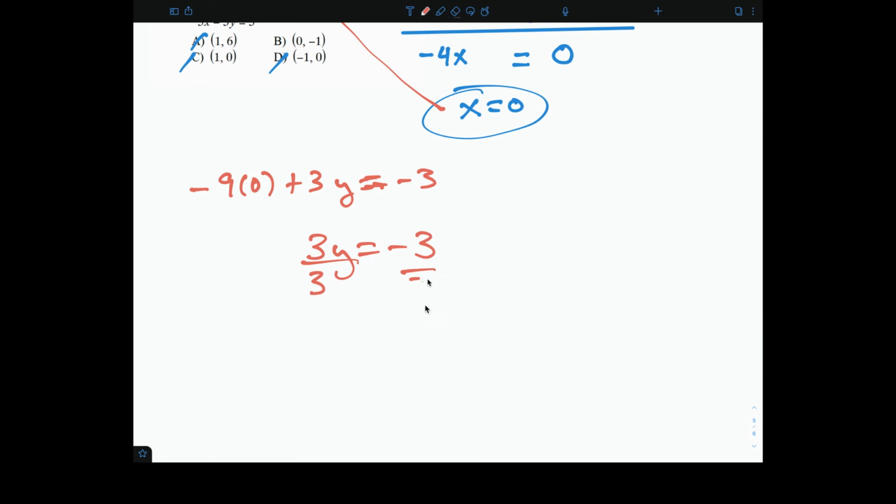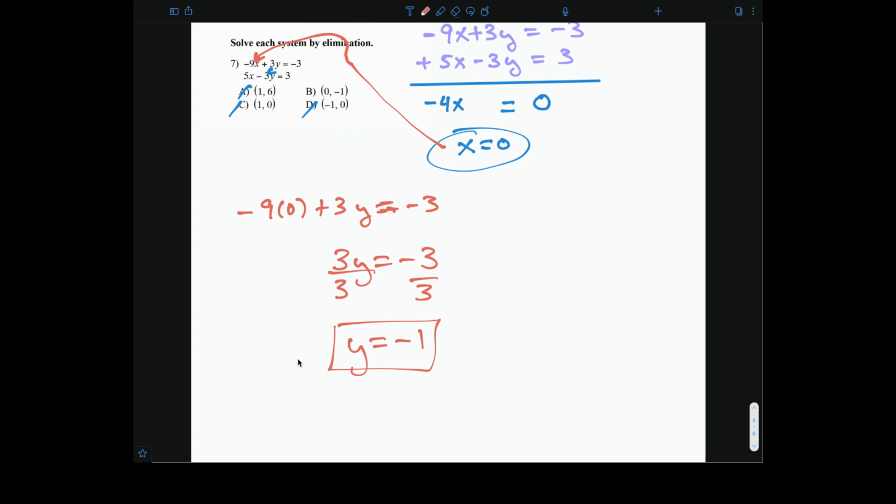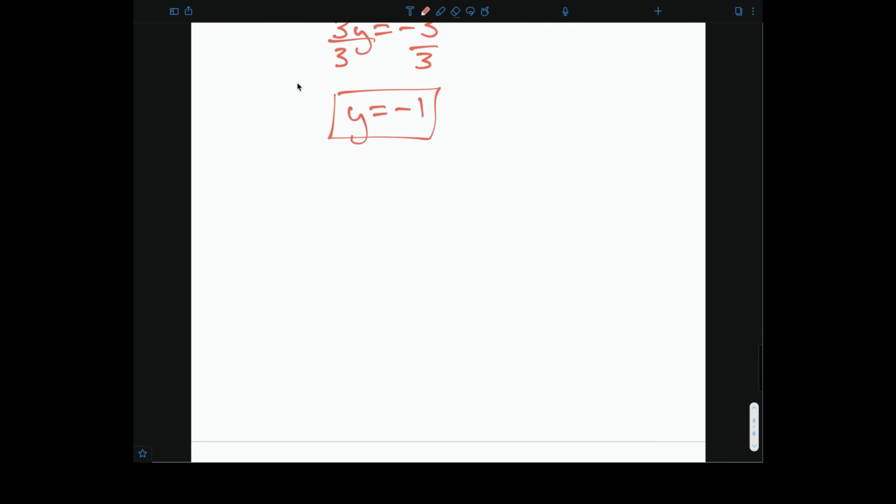I still have to deal with it here to get negative 1. But the less I have to deal with, the less the propensity towards a careless mistake transpires. In any case, b is the answer. 0, negative 1.